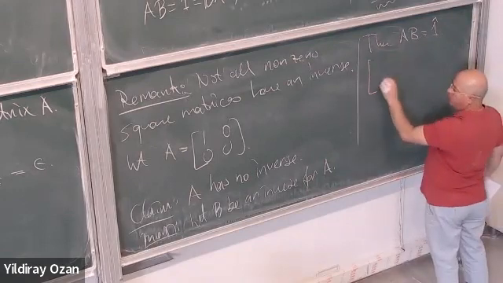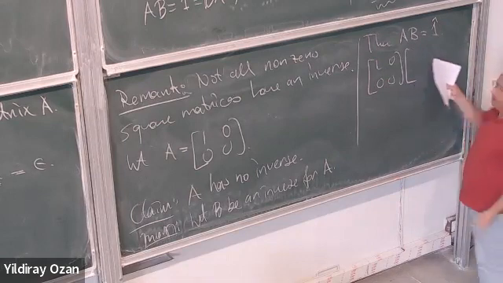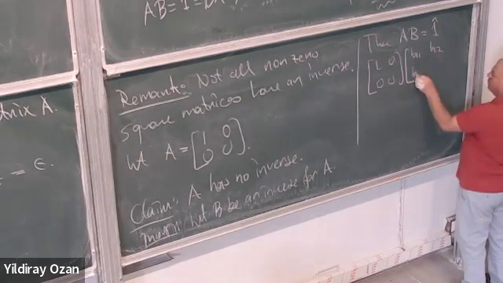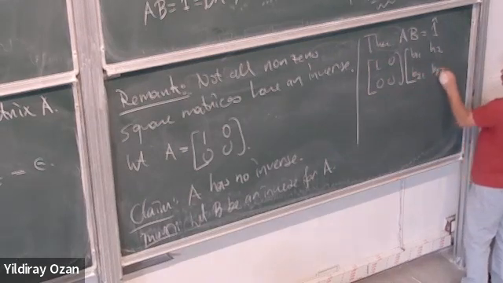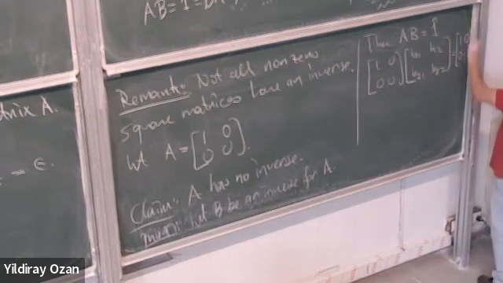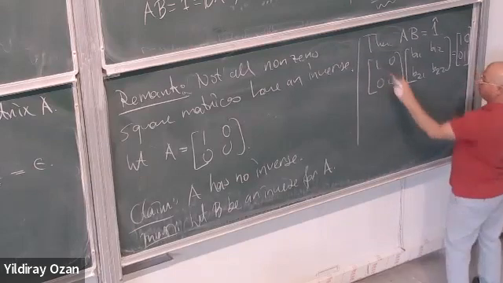Suppose we know that A is this, and B has entries B11, B12, B21, B22, and this is the identity with 1, 0, 0, 1. And then let's do this multiplication. So what is this?